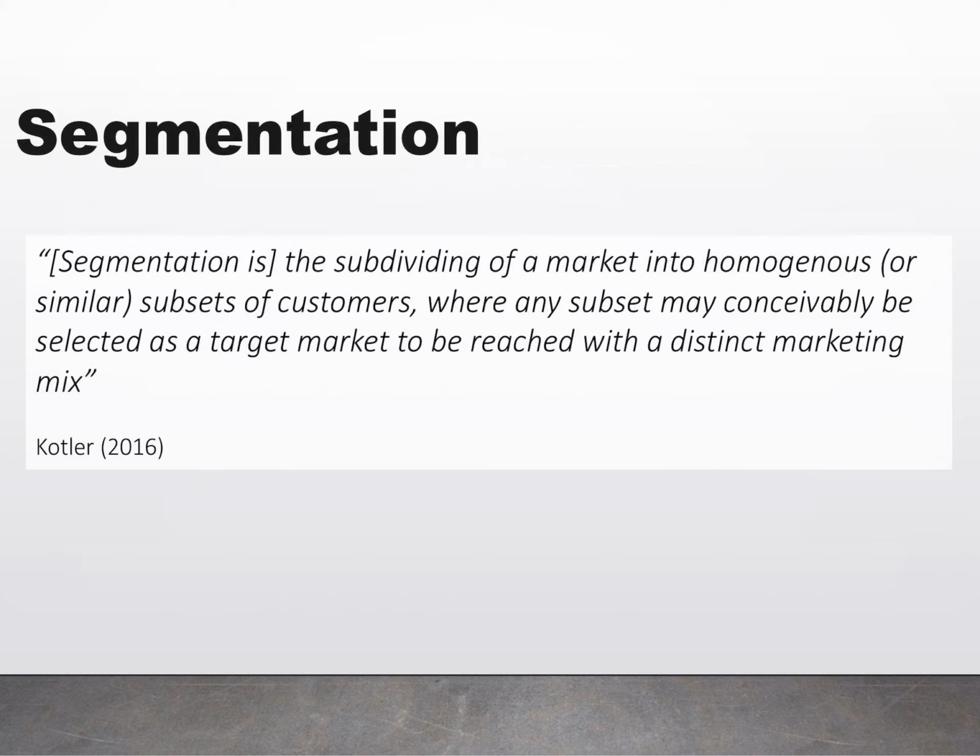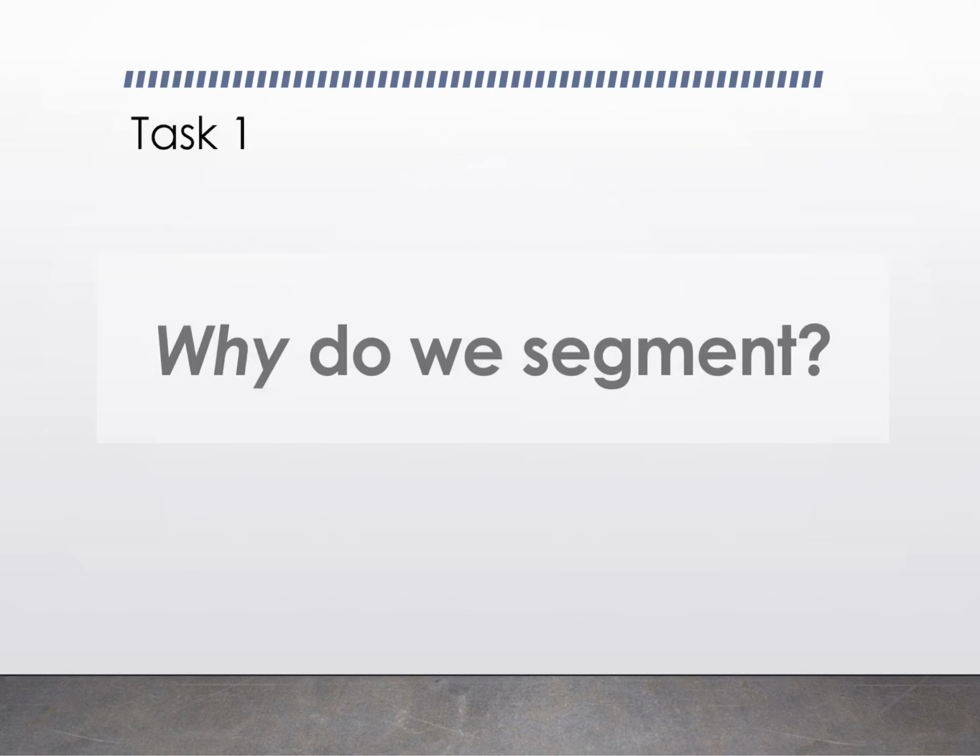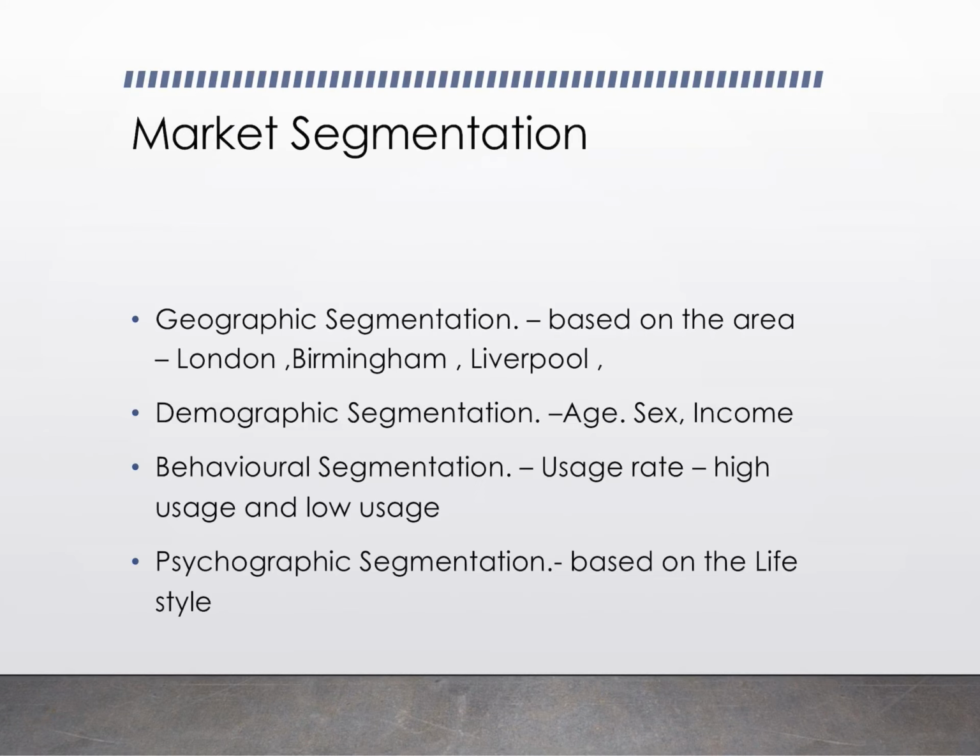Segmentation is dividing or subdividing the market by looking at homogeneous factors. So let's look at how to divide the market. How can I divide the market? What are the platforms I can use? I can divide the market based on geography.